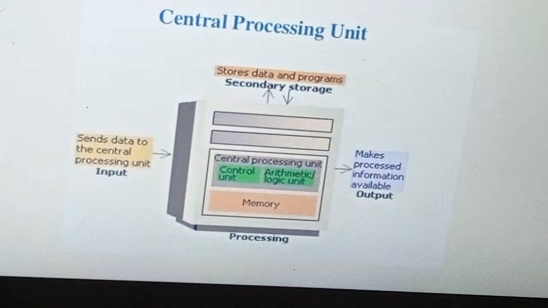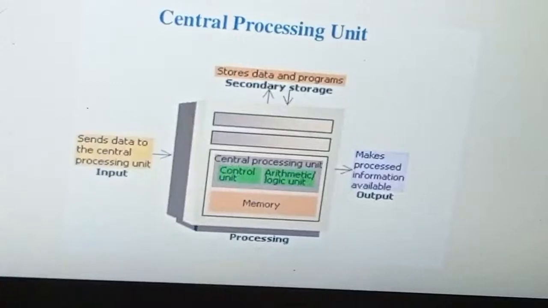Coming to webcam, it receives images generated by whatever it is pointed at and sends those images to the computer.